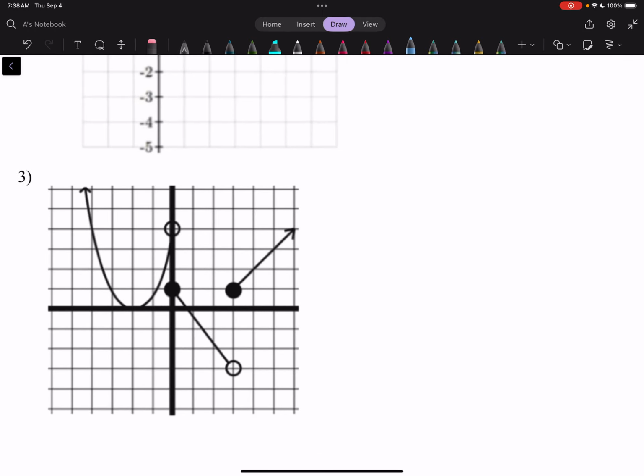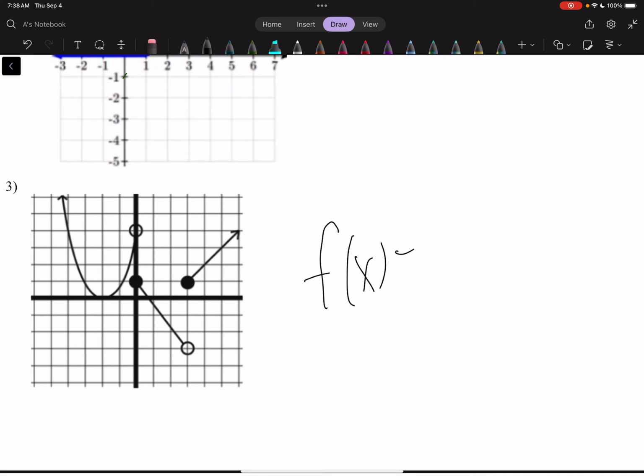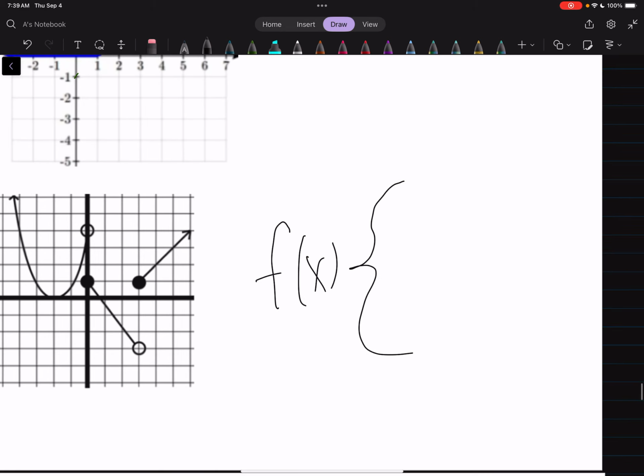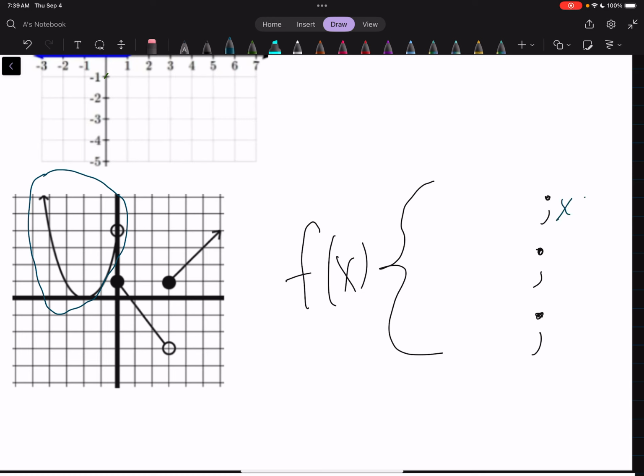All right, first thing I want to do, f of x. You always want to make this a function. It doesn't have to be f of x, it can be whatever letter you want, but it doesn't really matter. I don't mean equals, I mean curly bracket. There we go. I'm going to look now at the domains, because I know I have 3 different functions, because there are 3 different lines. My domain for the first function is where x is strictly less than 0.